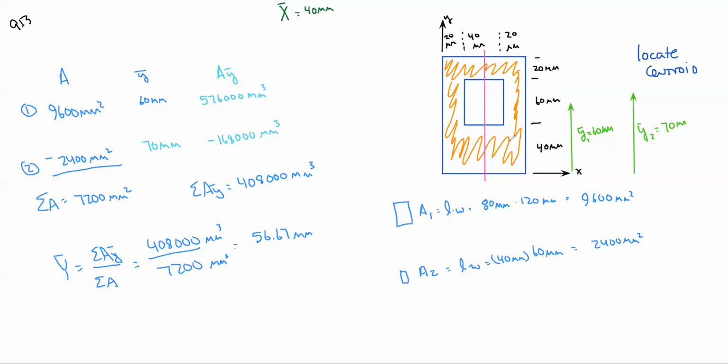Let's pull out to figure out where our point is. So it's got to be on the pink line, right? Because we said that the X bar was on the pink line. 56.67 has to be, so this would be 70. This would be 60, so a little bit less than that.